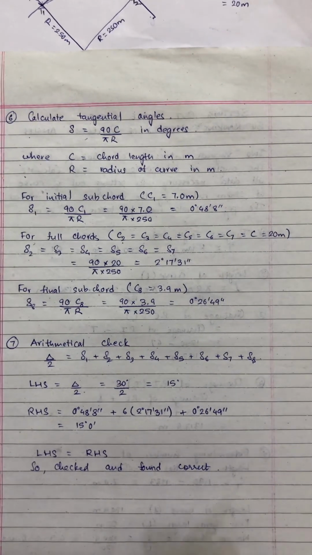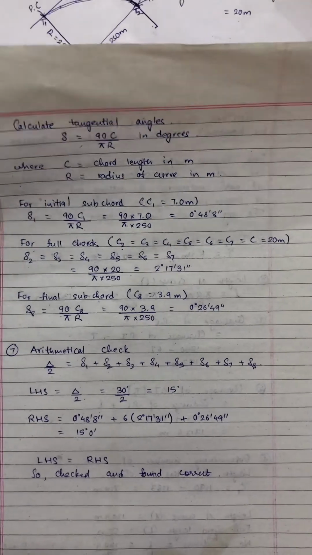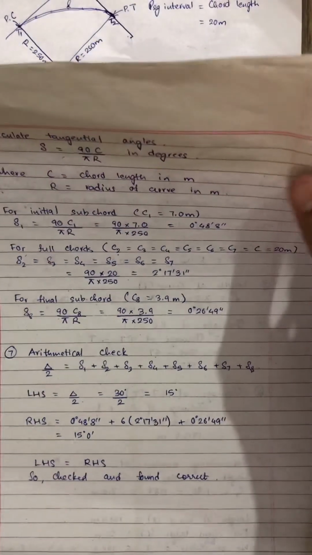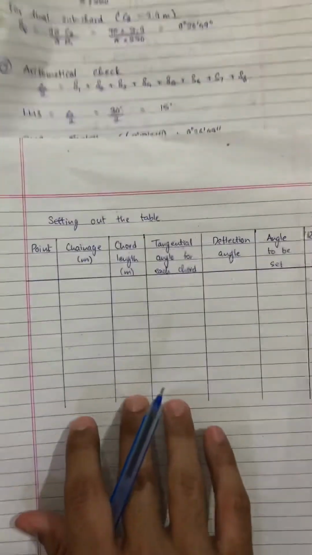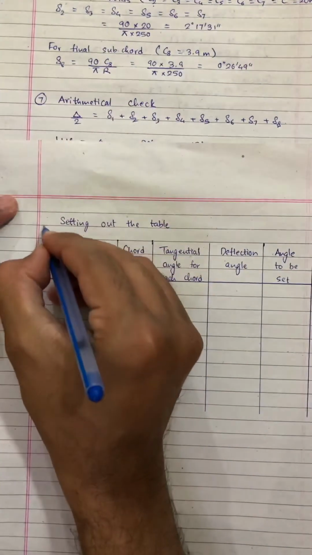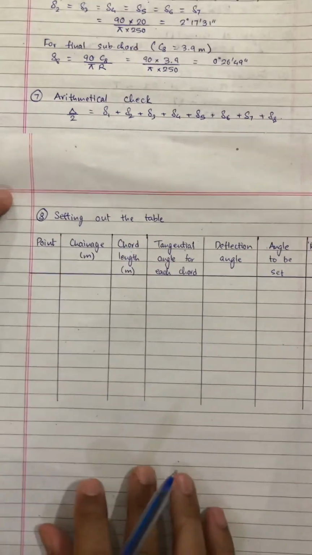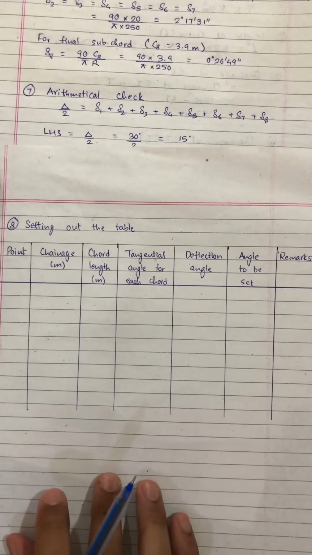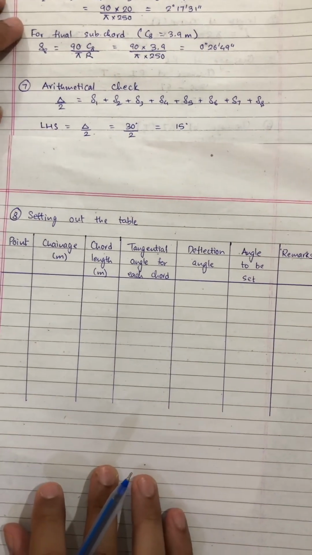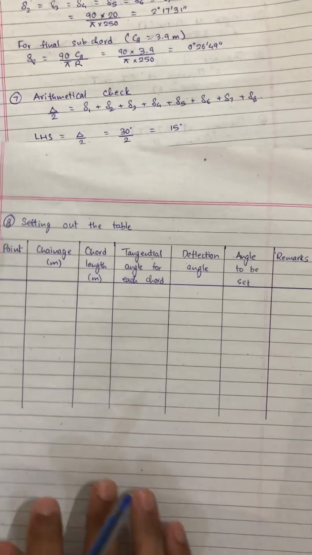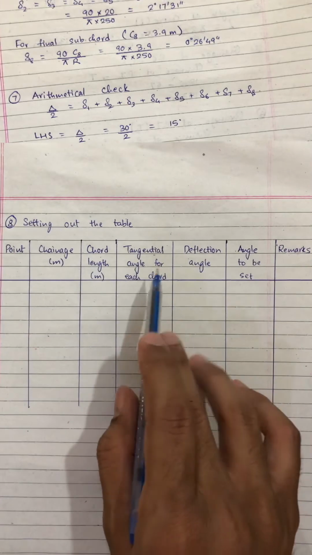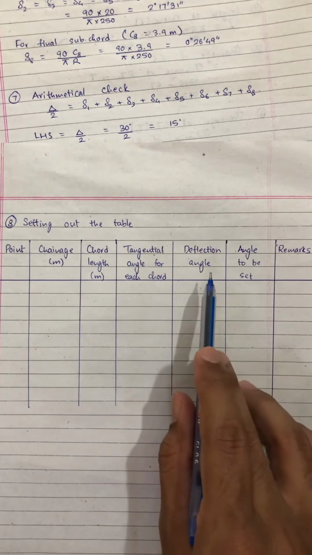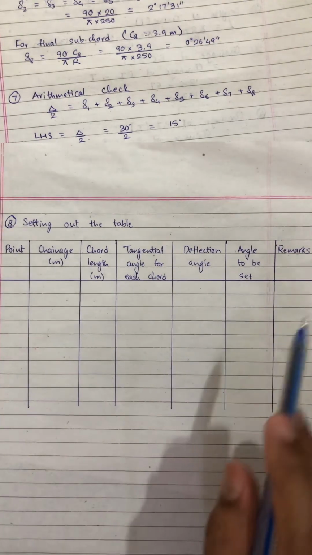After this, we have to set out a table. So after this arithmetical check, the 8th step is to set out the table. Now the table is given like this. Here some columns are there: point, chainage, chord length in meters, tangential angle for each chord, deflection angle, angle to be set, and remarks.